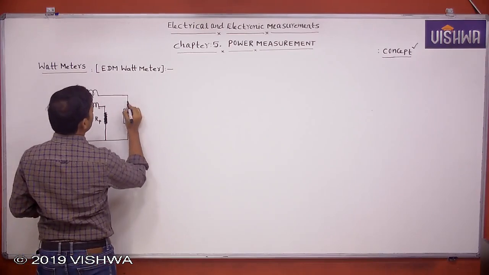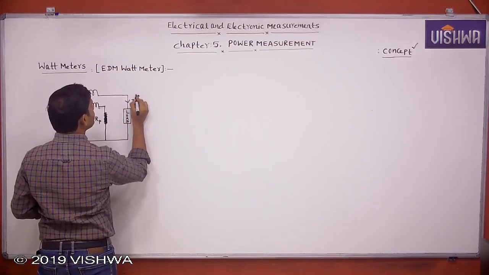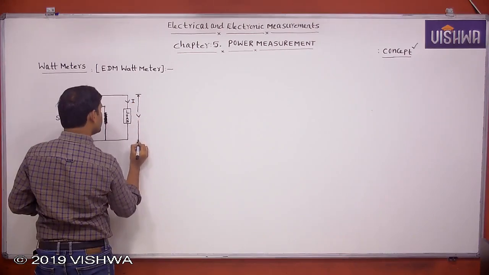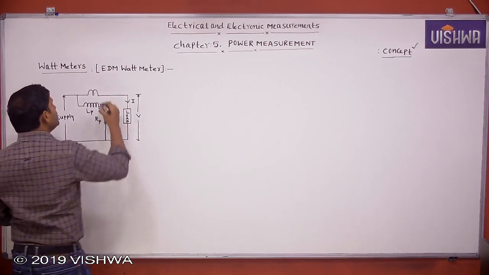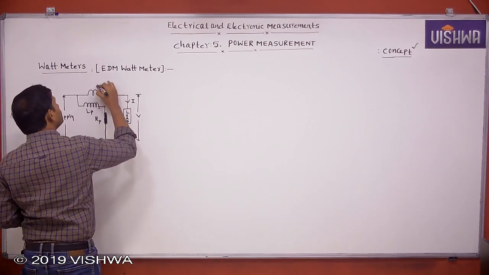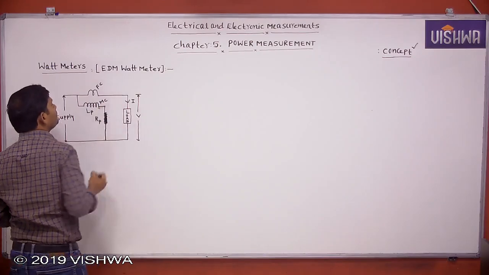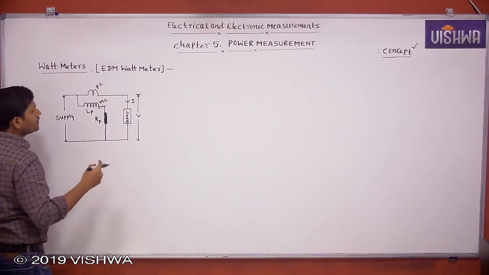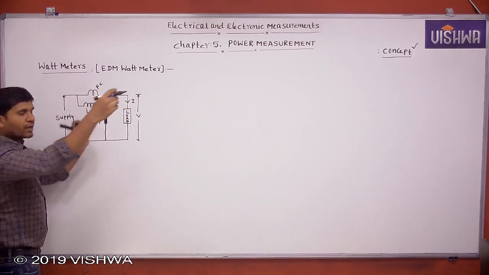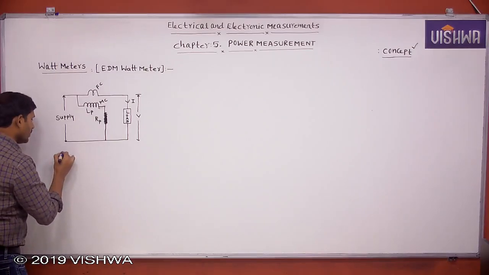Let this current be I, this voltage be V. Now this coil is the fixed coil and this coil is the moving coil. Okay, now first we concentrate on the construction details with respect to fixed coil and moving coil.